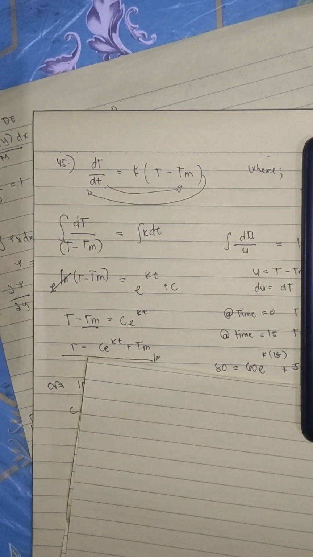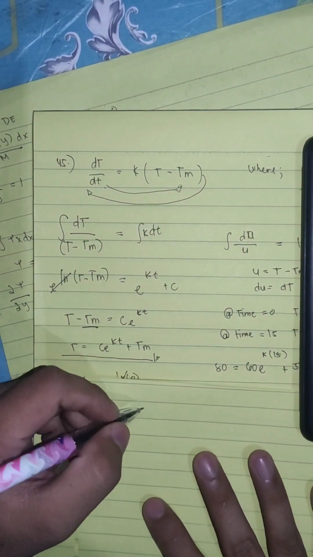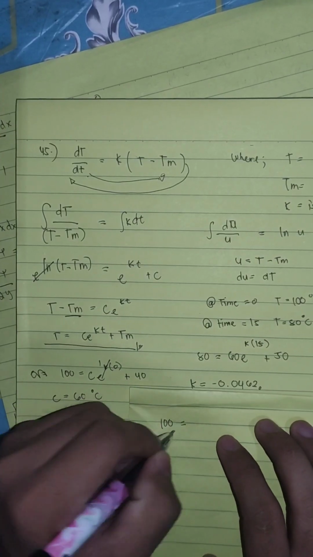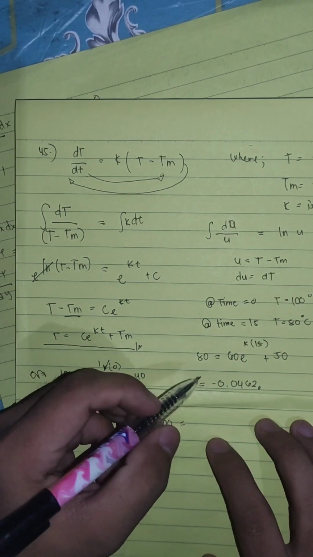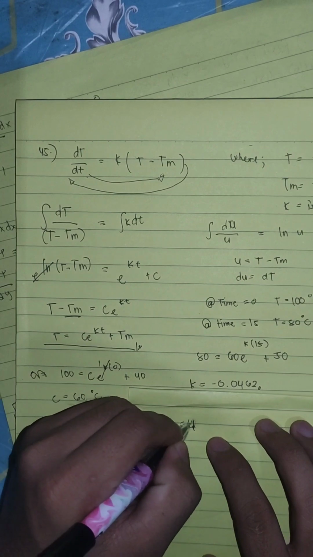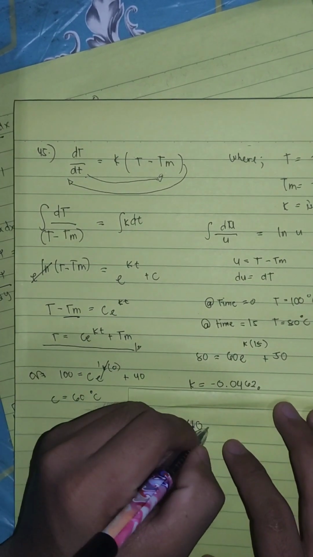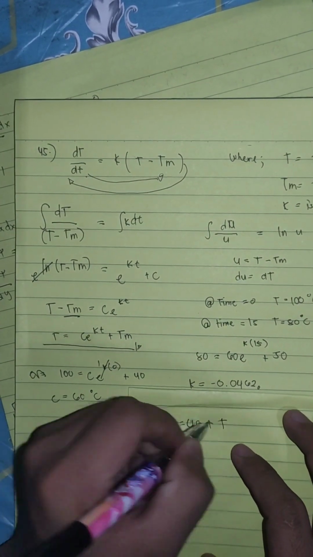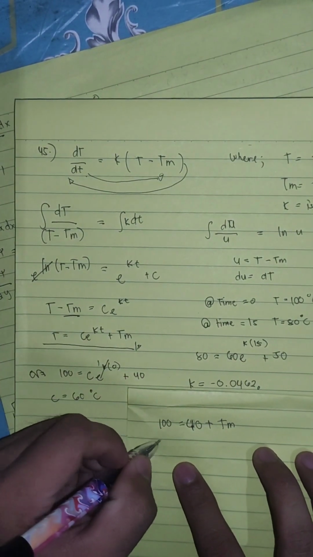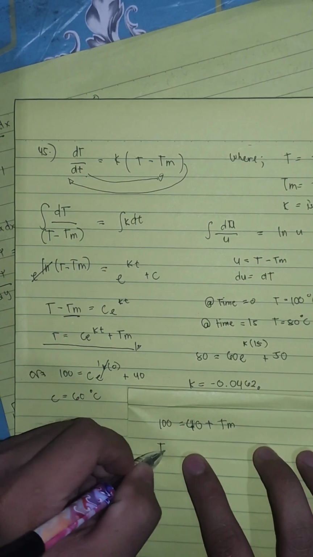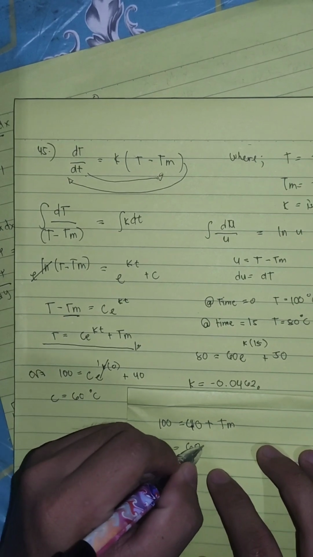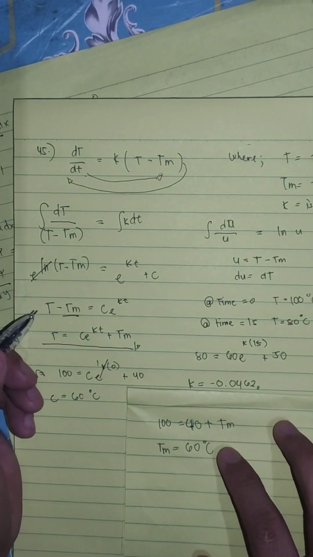So the value of our temperature here, 100, equals the constant temperature of 40 degrees Celsius plus the temperature of the medium. Simply we can get the temperature of the medium equals 60 degrees Celsius.